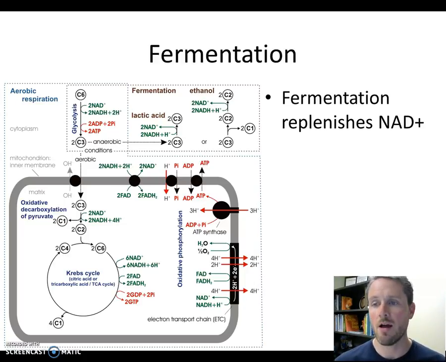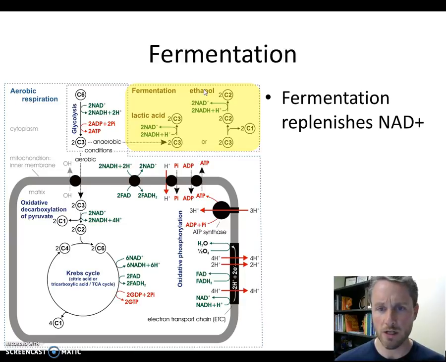So what goes on? Fermentation specifically replenishes that required NAD+ molecule. Okay. So we can see fermentation taking place up here in the upper right corner. Fermentation is going to convert this C3 molecule, that's pyruvate, anaerobically, without oxygen, into either lactic acid or we can convert it to ethanol.